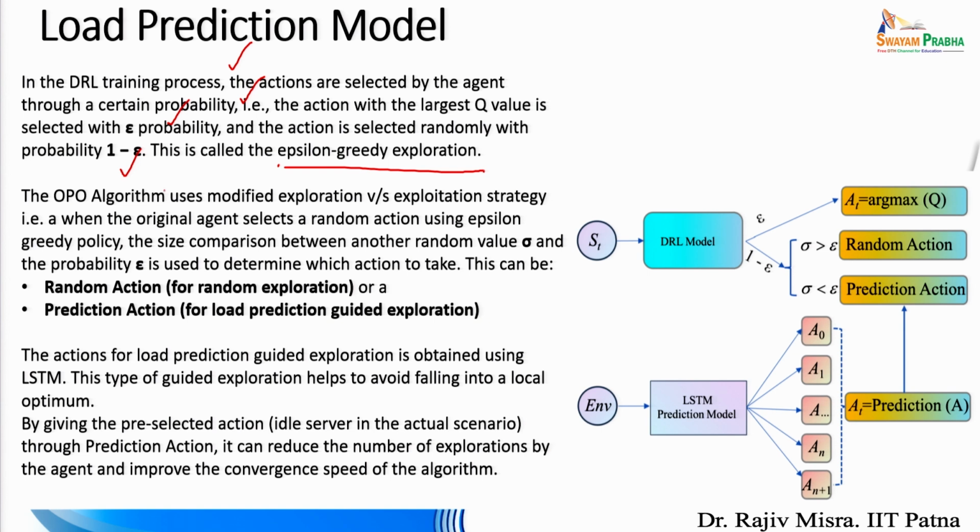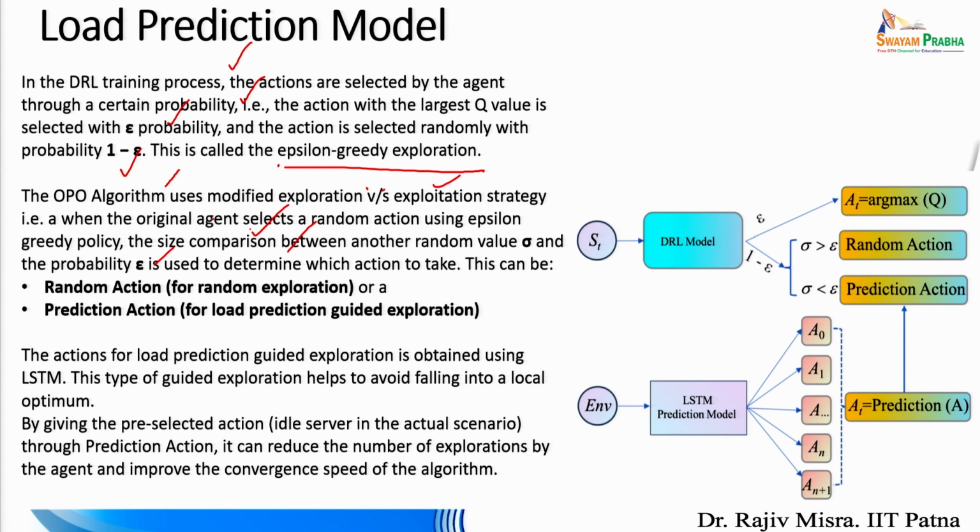Now, the online prediction algorithm OPO uses a modified exploration and exploitation strategy: when the original agent selects a random action using the epsilon greedy policy, the size comparison between the random variable rho and the probability epsilon is used to determine which action to take.